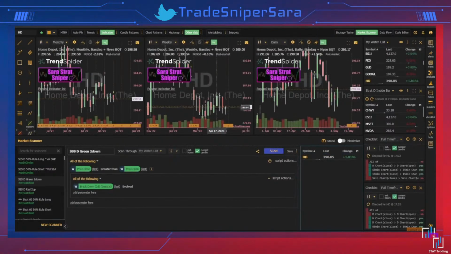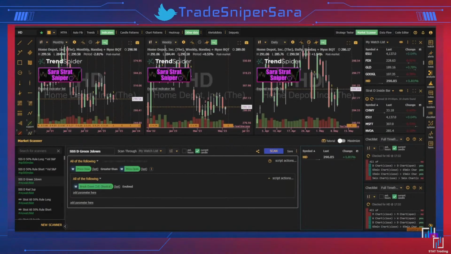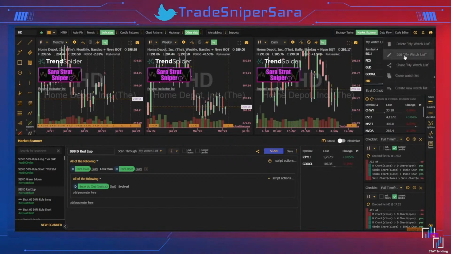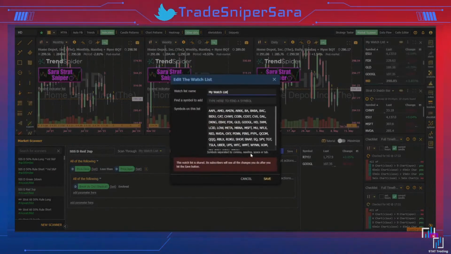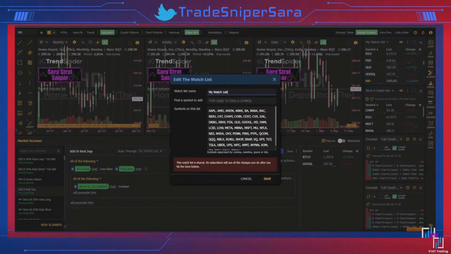And the only one that it found was HD. And then you could save that as a new scan. And if you want to make a watch list, you just type your ticker and then separate with a comma, and then it'll add it to your list.